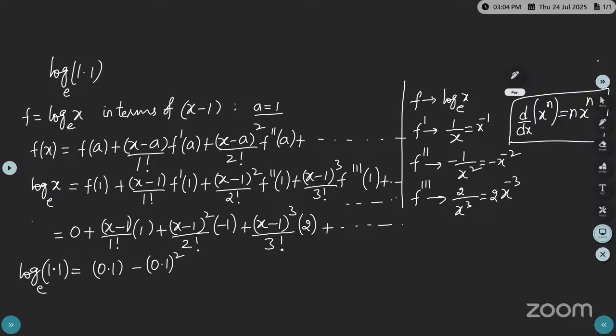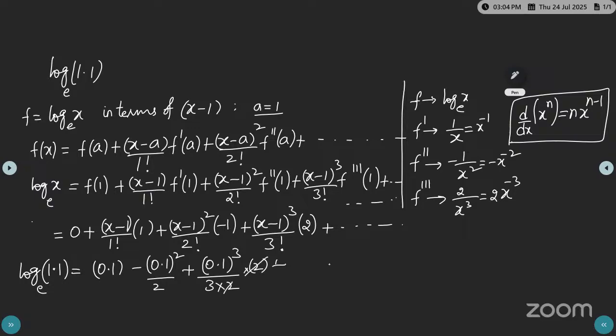So note down this: 0.1 whole square by 2 minus this is plus 0.1 whole cube by 3 into 2 into this is 2. This one gets cancelled. Plus 1.